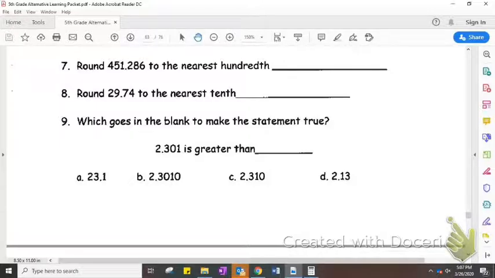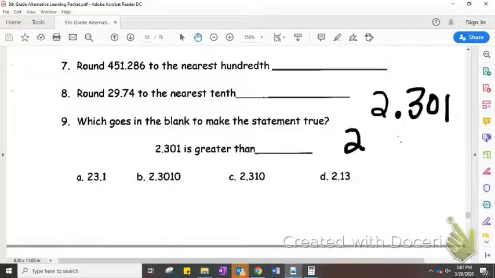I've got 2 and... there we go. The decimal point's giving me a hard time here. All right, 2 and 301 thousandths.